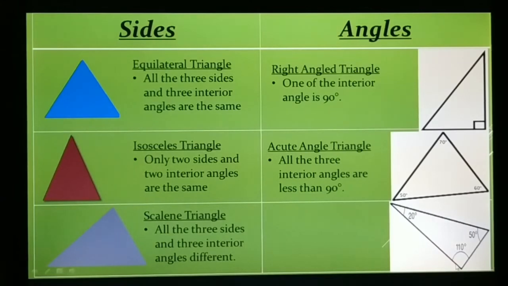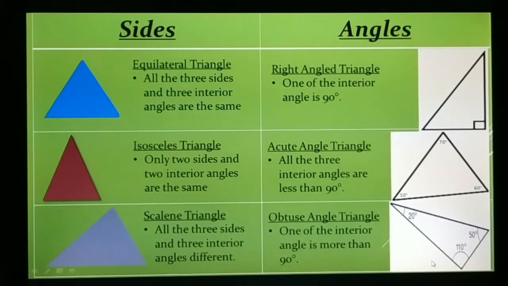It is not important that it has to be specifically 110 or 120. It's more than 90, 90 plus. This kind of triangle is known as the obtuse angle triangle. One of the interior angles is more than 90 degrees. It's greater than 90 degrees.